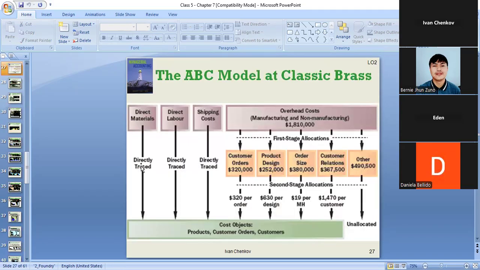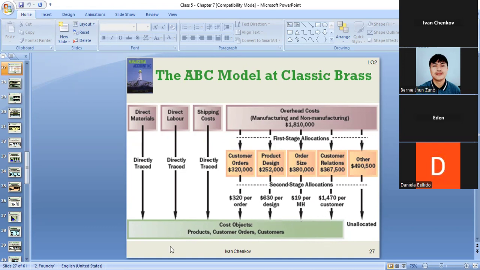Now, once we do this, what we did so far, we already said direct material is direct cost. Direct labor, direct cost. Shipping, direct cost. Now from the rest of the costs, $1,810,000, we put it with the activities. We come up with the cost per single activity.